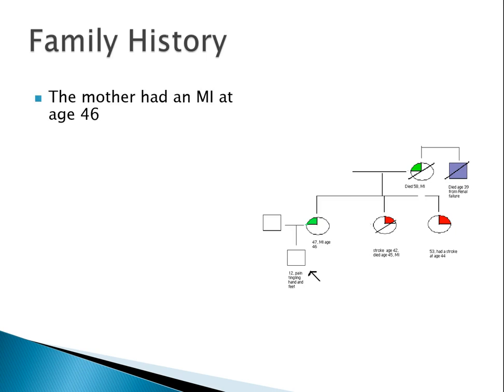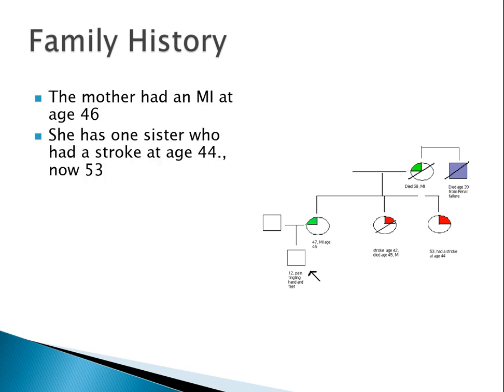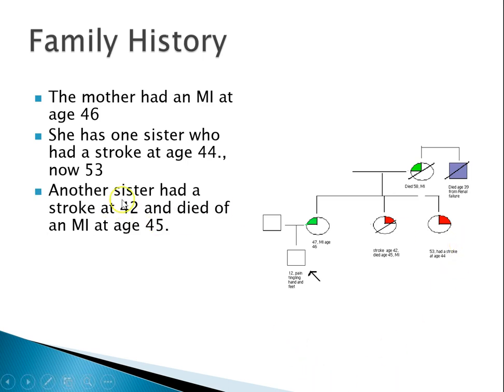milestones. In Fabry's disease, one of the things we see is a very concerning family history. Here's a family history. The mother's 47 and she had an MI at 46. She has a sister who had a stroke at 44 and is now 53. Another sister had a stroke at 42 and died of an MI at 45.